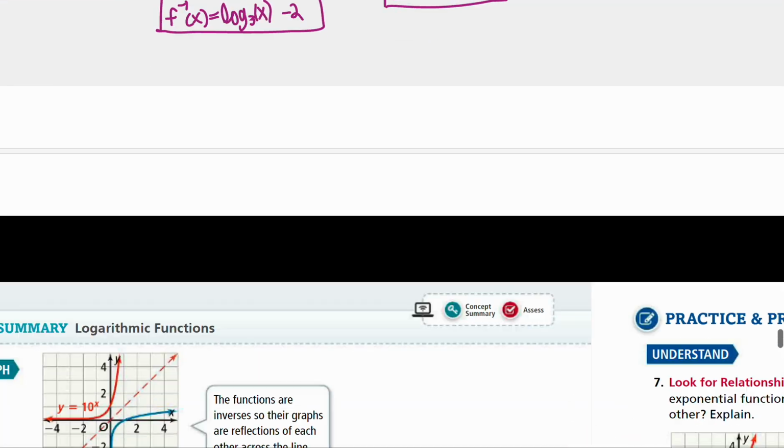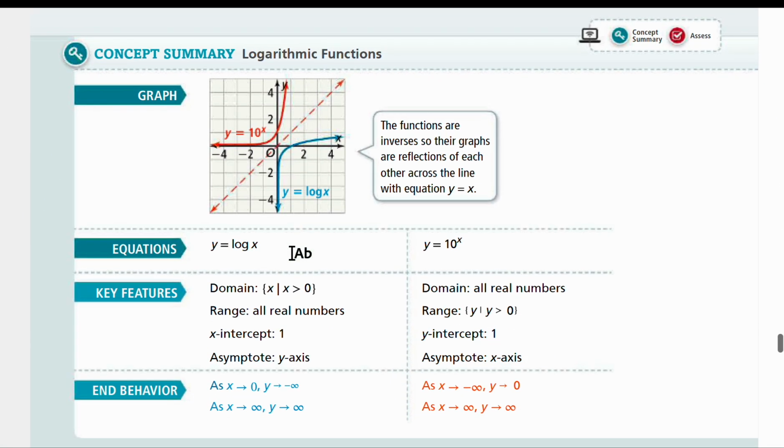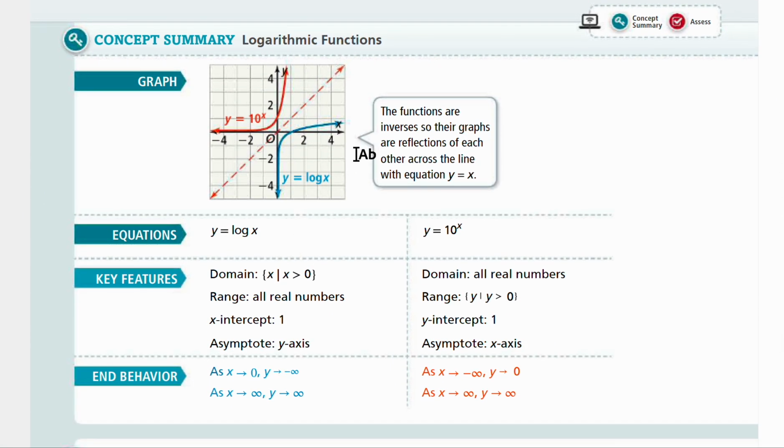So that was our lesson. Let's summarize our lesson. We learned about logarithmic functions. We looked at the characteristics of logarithmic functions and the inverse relationship between the log function and the exponential function. Please keep in mind that the key features for the log function and the exponential function have an inverse relationship between the domain and range, right?